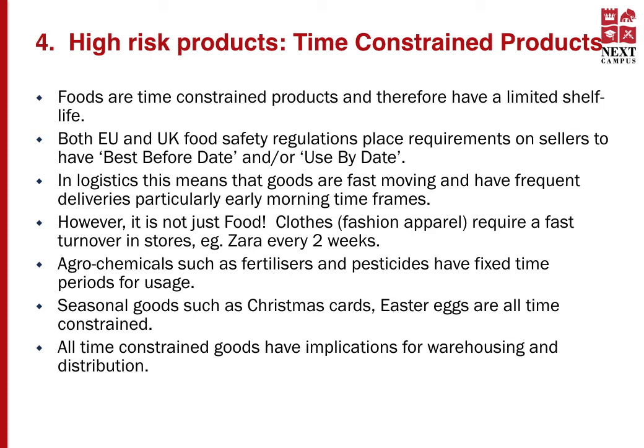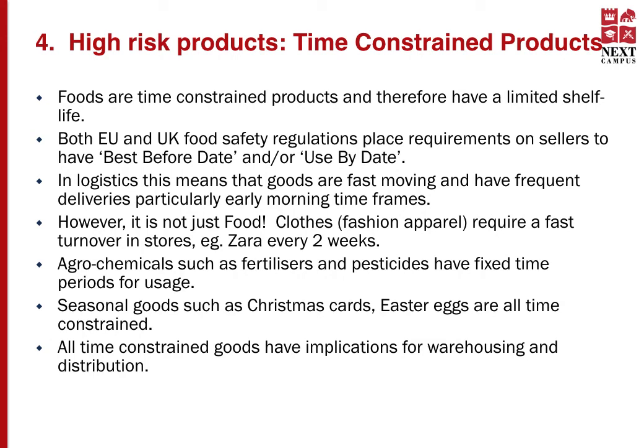Time constraint products. Foods are time constraint products and therefore have a limited shelf life. Both EU and UK food safety regulations place requirements on sellers to have a best before date and/or use by date. In logistics, this means that goods are fast moving and have frequent deliveries, particularly in early morning time frames.